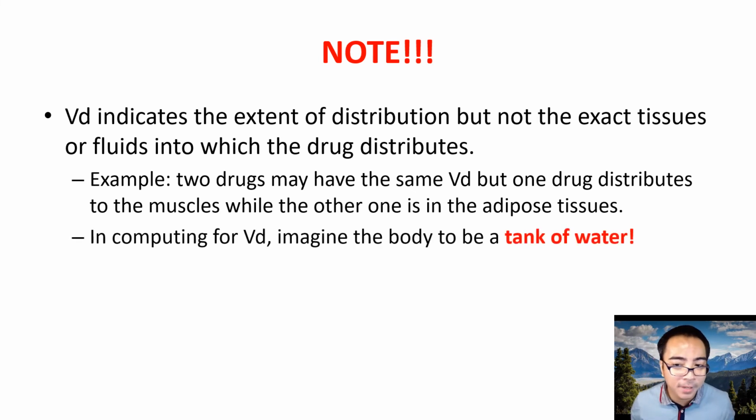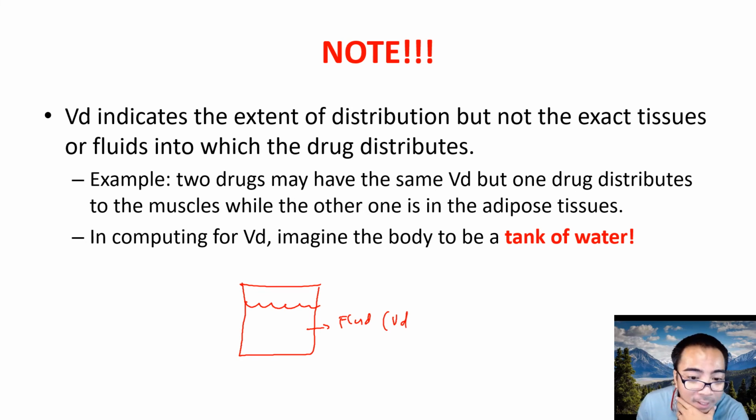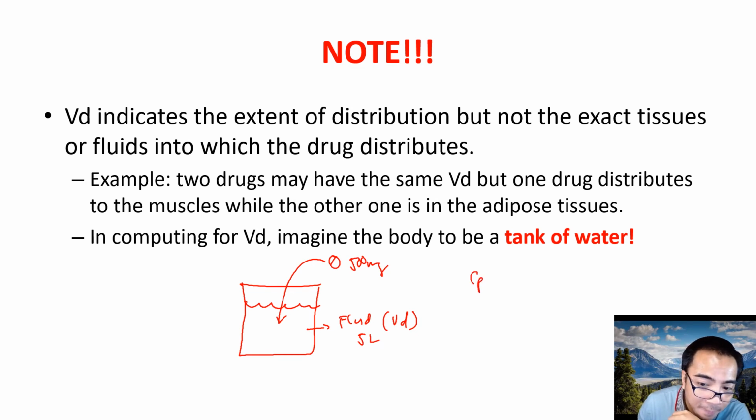So in computing for VD, imagine the body to be a tank of water. If this is the tank of water, this is your body, it contains a specified amount of fluid. This fluid, class, is the VD. Now, if you give a certain amount of drug, say for example 500 milligrams, and the volume of this fluid is, let's say, 5 liters, knowing these values, I can compute for my plasma concentration.